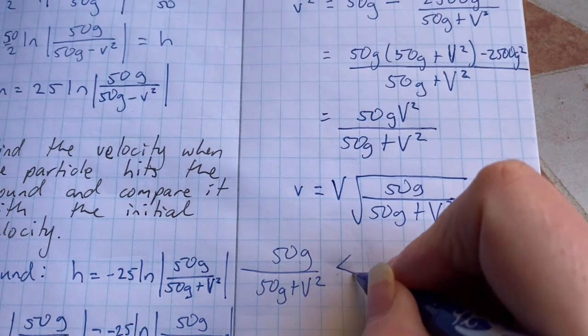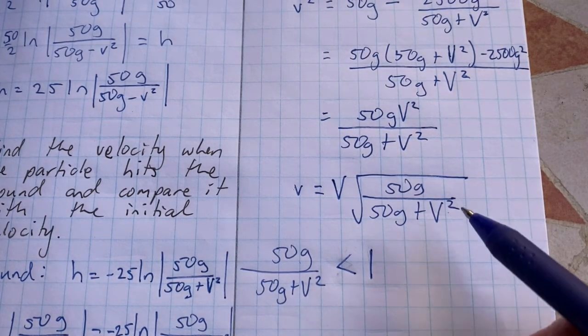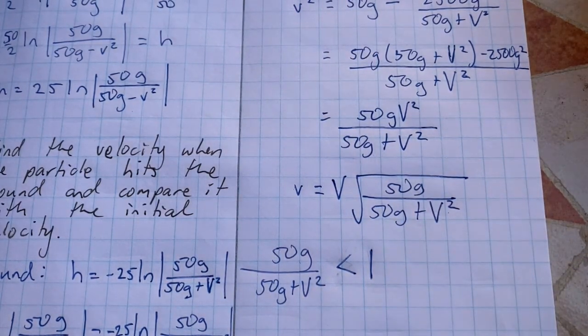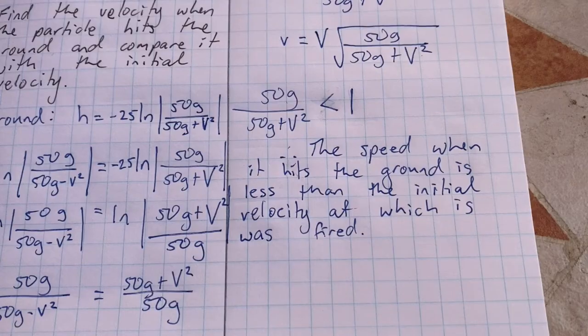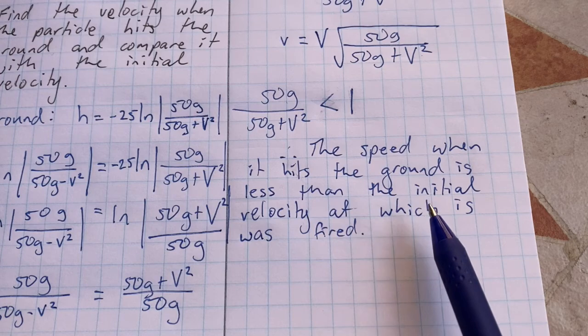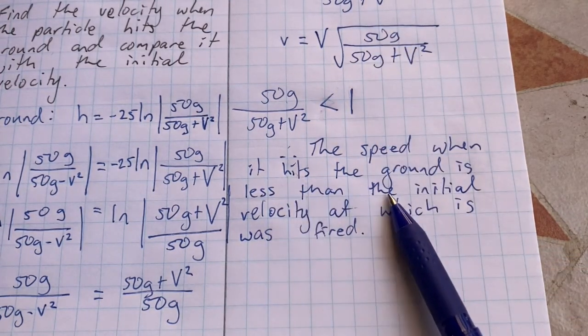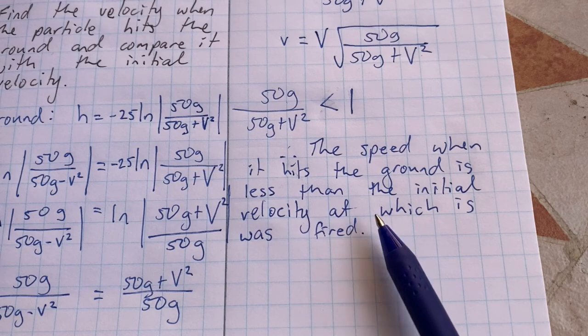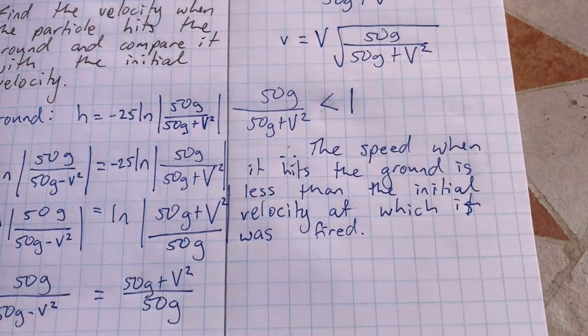So therefore this thing is less than 1. And of course if we take the square root of something less than 1, then it's going to still be less than 1. So therefore the speed when it hits the ground is less than, because it's multiplied by something less than 1, the initial velocity at which it was fired.